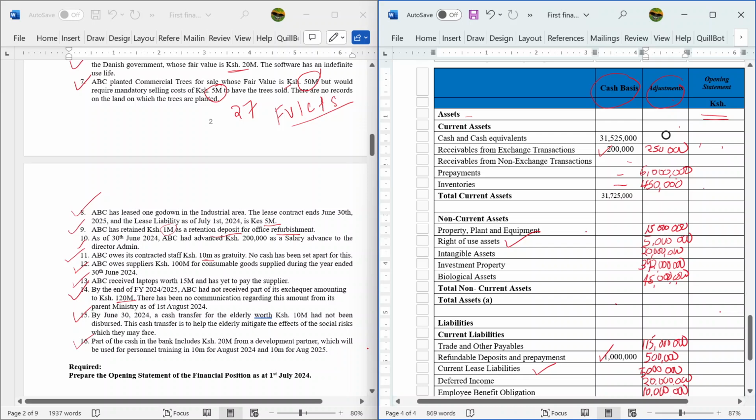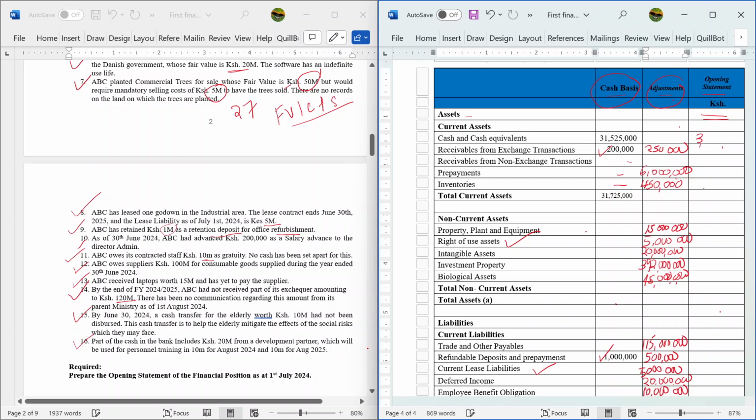So let us do the adjustment. We started with our cash basis, and then there is this adjustment, and then there is the opening statement. So what are we supposed to do? You will add these figures. The cash basis plus adjustment will give you the opening balance. So how much was our cash and cash equivalent?